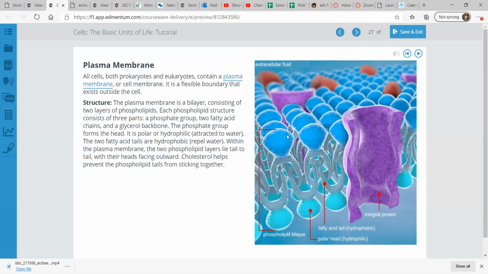So right here, you see the head of the phosphate is the blue parts right there. And it is polar or hydrophilic, and they are attracted to water. The 2 heads are attracted to water, whereas the fatty acid tails, these gray tails, are hydrophobic.